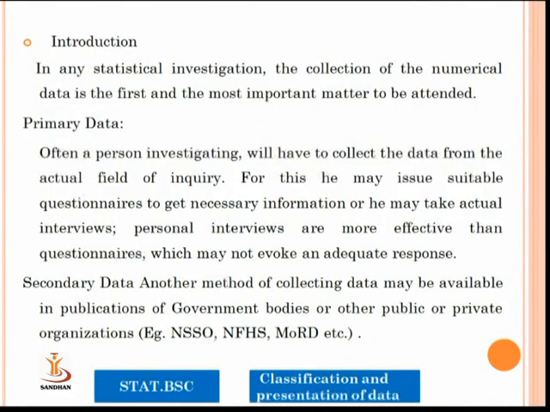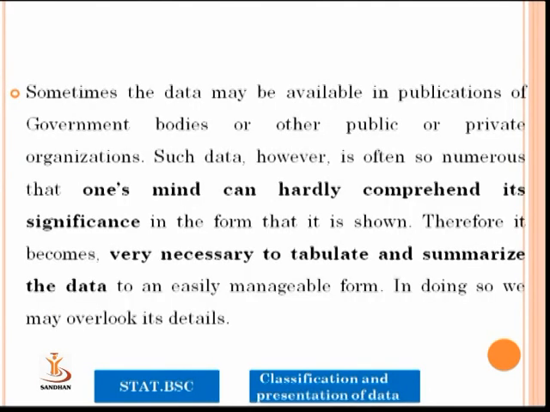In the secondary part, the data has already been collected earlier by authentic bodies and is used for our individual purpose. That is called secondary data. As we move ahead, sometimes the data may be available in publications or in government bodies, public or private.